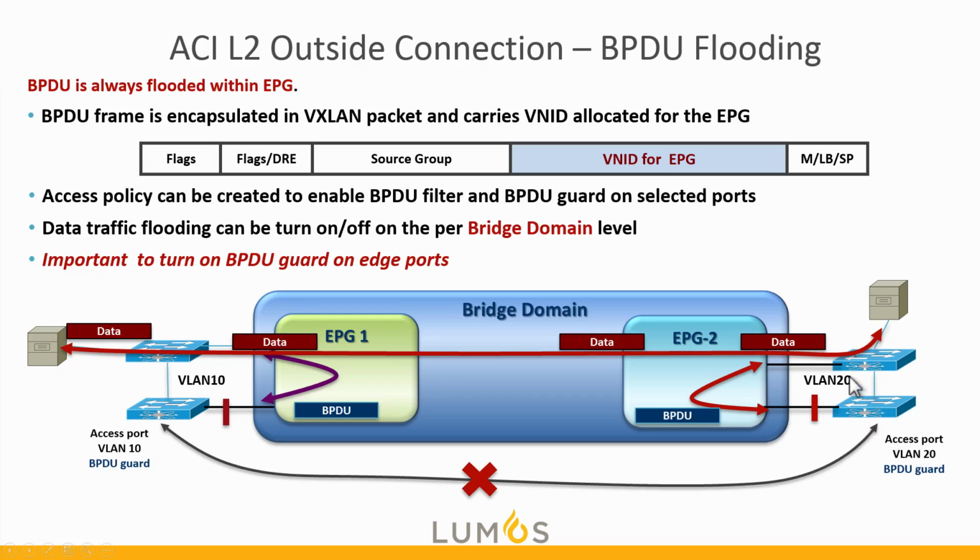But the traffic is being essentially bridged or merged inside the ACI fabric using the VXLAN, because the EPGs where we're ingressing VLAN 10 on this port and VLAN 20 on this port that are not blocking, they are a part of the same VXLAN. So the VLAN ID is dropped at the ingress leaf. We encapsulate in VXLAN. VXLAN's carrying a spanning tree BPDU, but it's for VLAN 10.